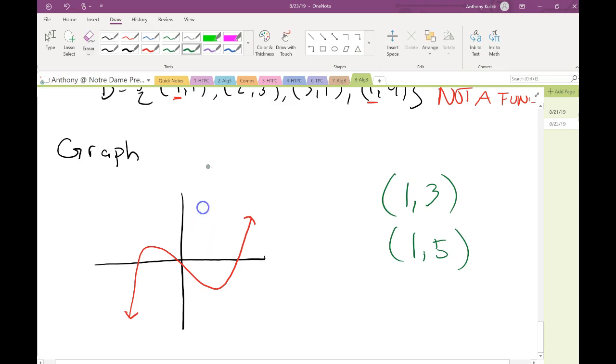So what we're going to use to check to see if a graph is a function or not is something called the vertical line test. I abbreviate that as VLT.